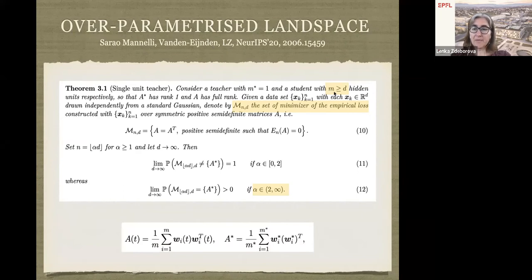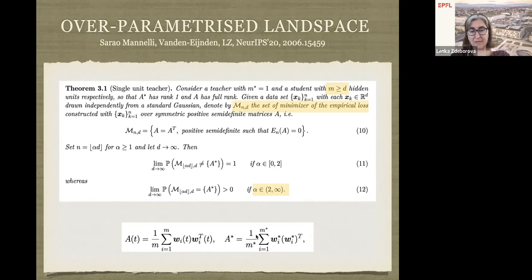So when the number of hidden units is larger than the dimension, if we call M of n and d the set of minimizers of the empirical risk, then we could prove that if alpha, that is still the number of samples over dimension, is between 0 and 2, then the set of minimizers includes more than just the ground truth value A star. Here A star is the teacher weights times its transpose.